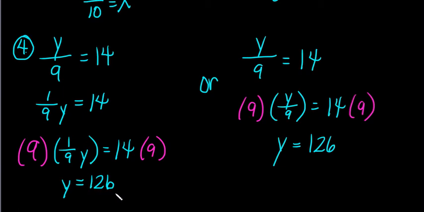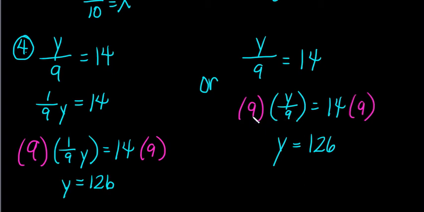And I showed you over here that instead of pulling out the 1/9 y and showing you what it equals, since I know that in my head, I could just say 9 times 1/9, and those two 9s are going to become 1 because this is actually 1/9 times 9.